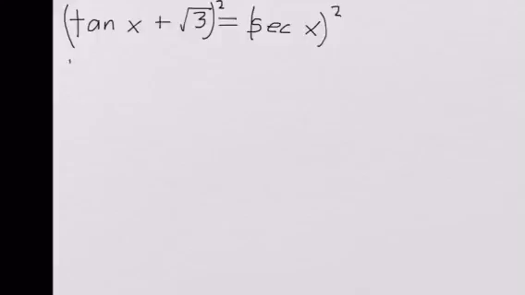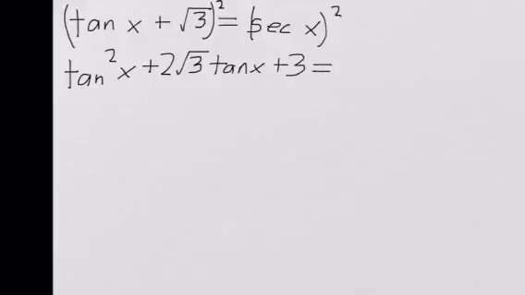So squaring both sides, I get tangent squared of x plus 2 square root of 3 tangent of x plus 3 is equal to secant squared of x.